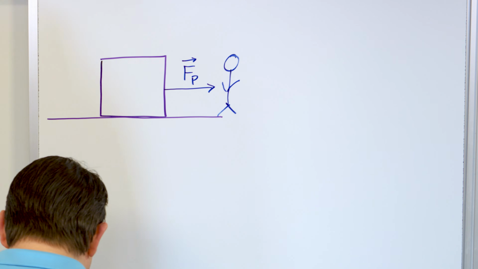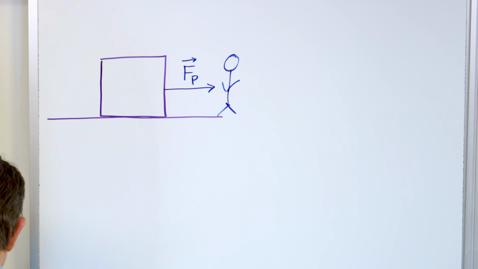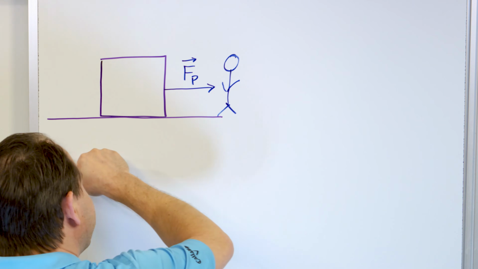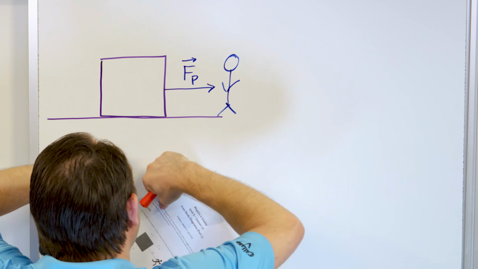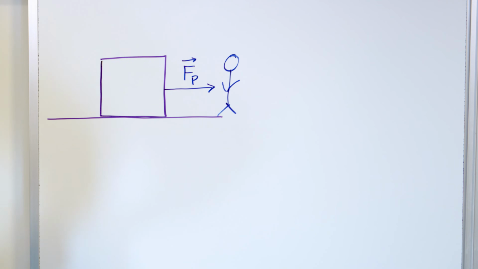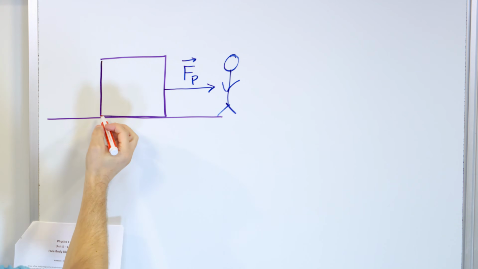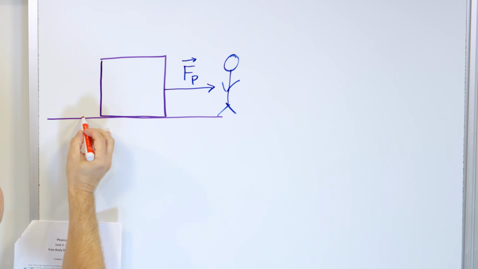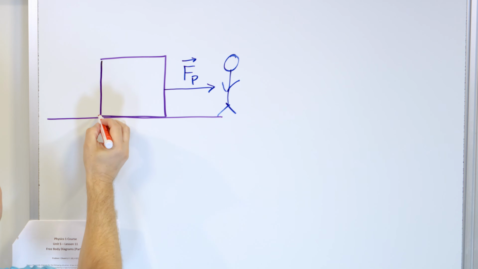Now, there is an oppositional force to this because you know that if you pull something this way, there's going to be a tendency for a resistance force of friction to pull in the opposite way. And so where is the frictional force going to be? Well, it's somewhere here at the bottom because the frictional force is happening due to the interaction with the ground.